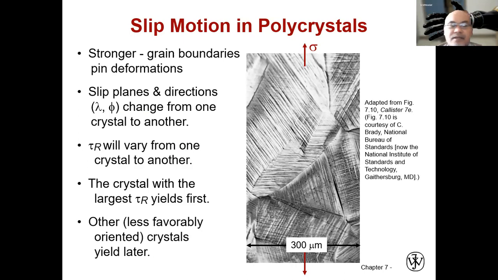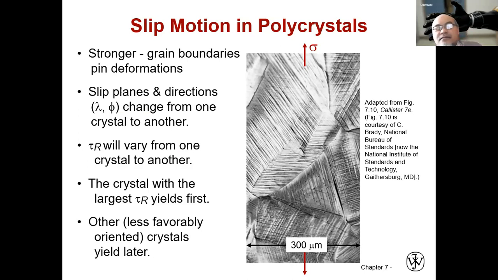The slip plane and direction change from one crystal to another. In polycrystal, each crystal will have a different crystal orientation, right? It means the slip planes for each crystal will also be different, and the direction will also be different. The lambda angle and the phi angle will also change from one crystal to another.